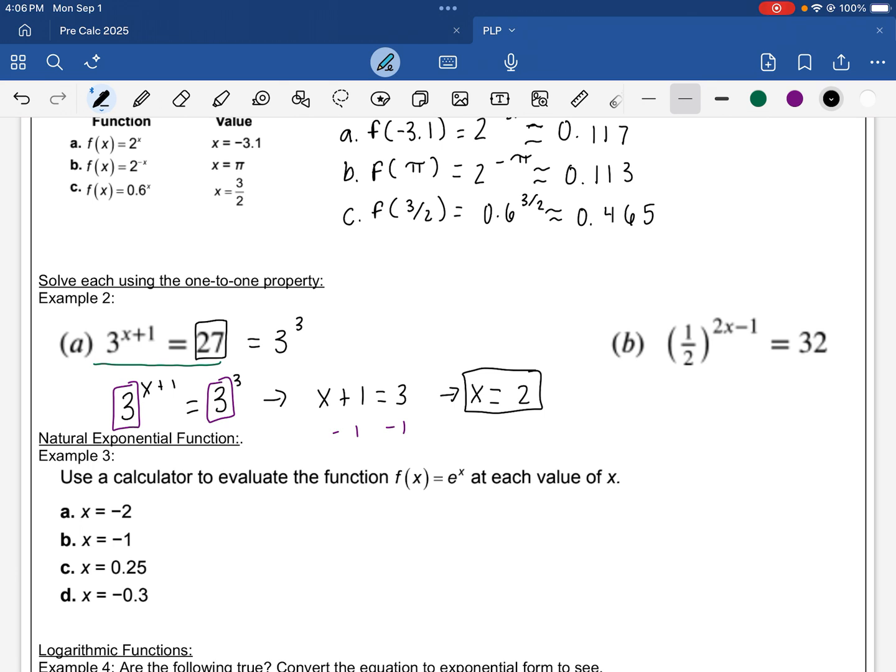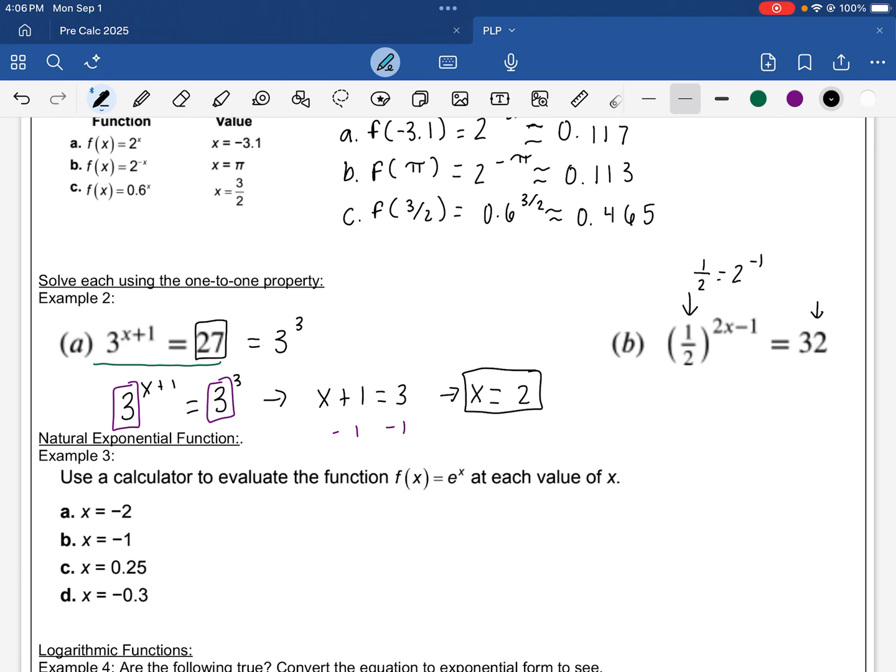This next one is a little bit more complicated because it's not as straightforward. There's a couple ways you can do this. Most of the time, people will rewrite 1/2. So we've got 1/2 to the 2x minus 1 power equals 32. Most people see immediately that these can both be written as a base of 2. 1/2 is the same as 2 to the negative first power.